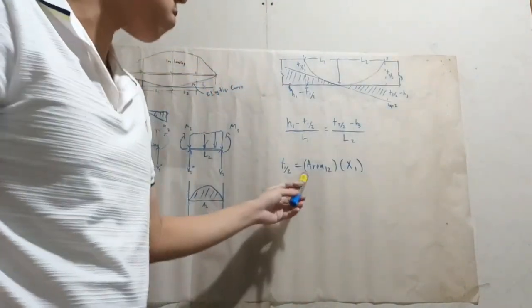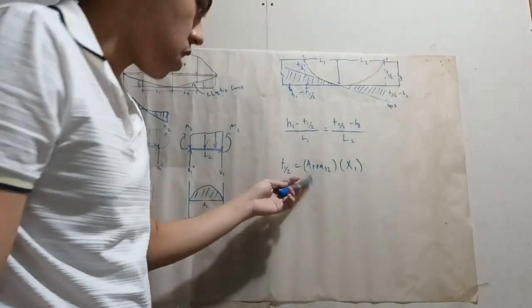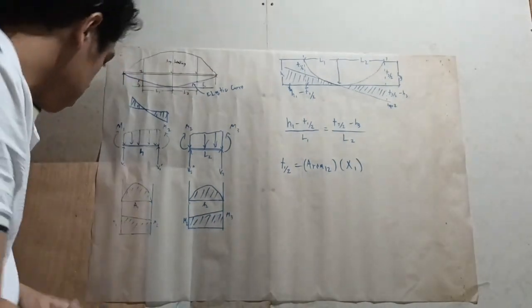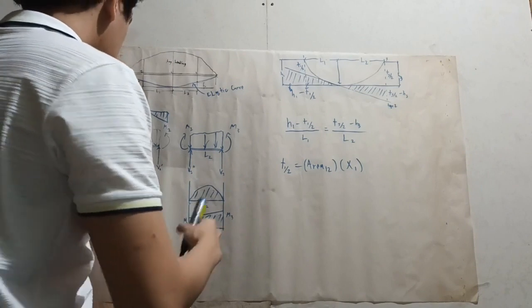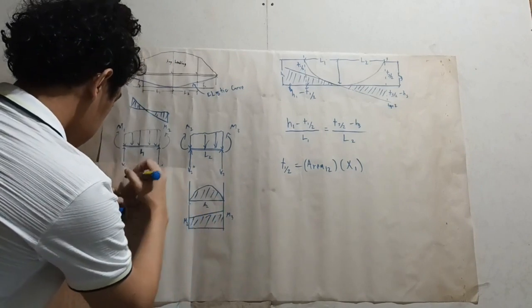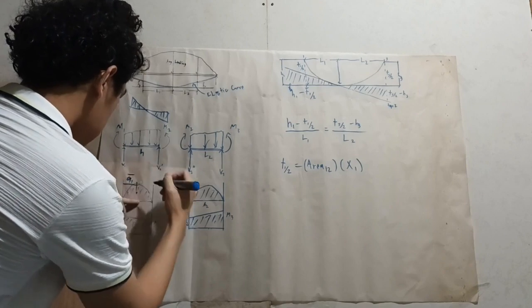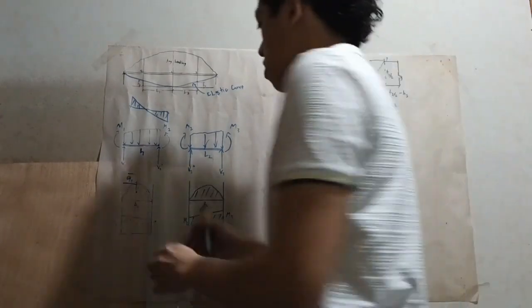So for the area moment, to get the area, we also need the centroid here, which is a bar 1 and b bar 1.